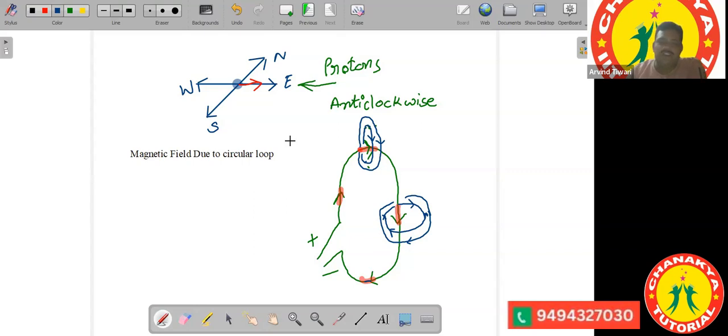Okay. For this portion of the wire, if you again observe, your current is going like this. And again, inside the loop, at a point inside the loop here, and at a point outside the loop, you will observe that the magnetic field lines are moving like this, from outside to inward.